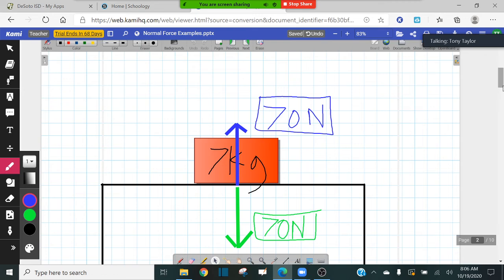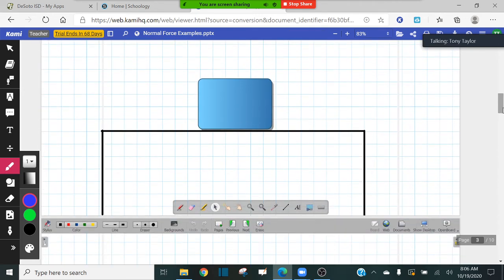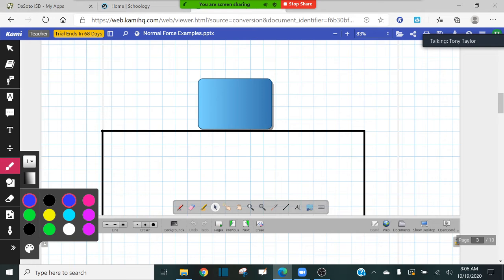Let me get into another example. This one is a little bit more complicated. Let us suppose I have a blue box here sitting on a table. And this blue box here is 5 kilograms.